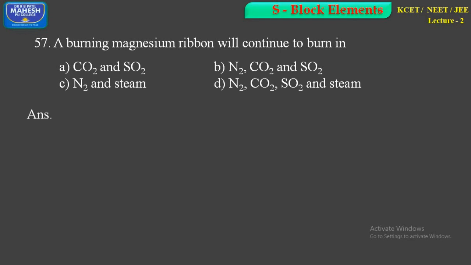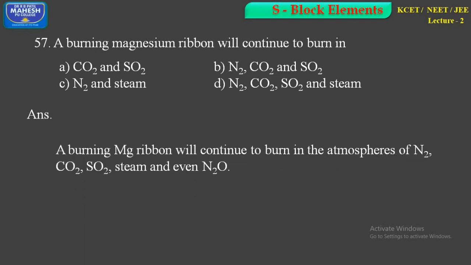Students, a burning magnesium ribbon will continue to burn in the atmospheres of nitrogen, carbon dioxide, sulfur dioxide, steam and even nitrous oxide. So with this, the right answer is option D.